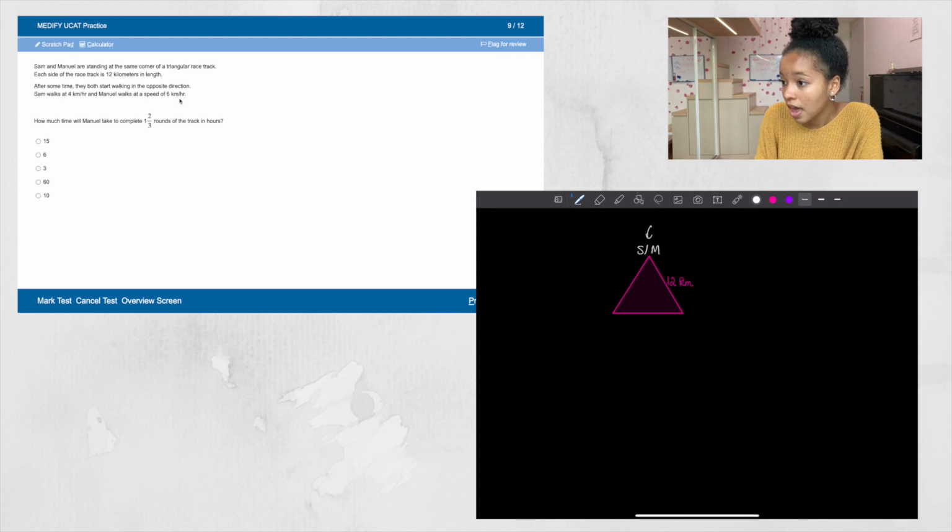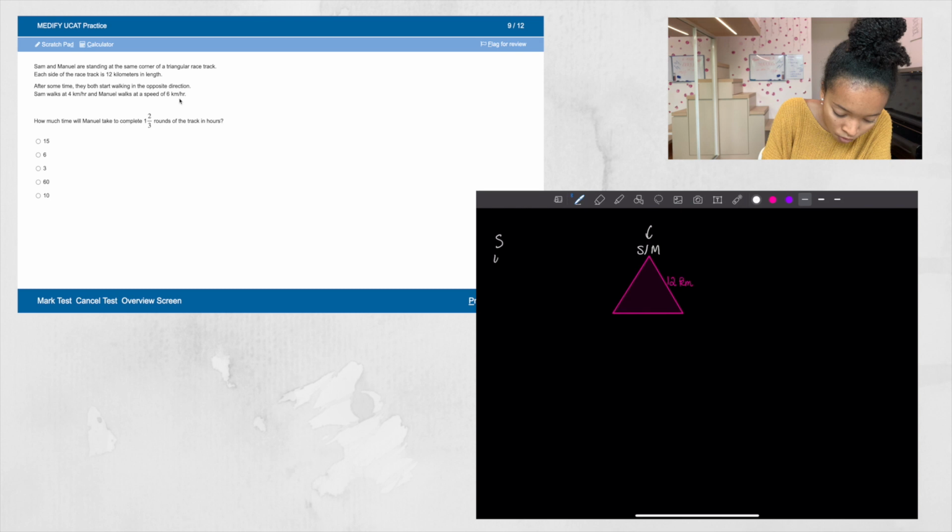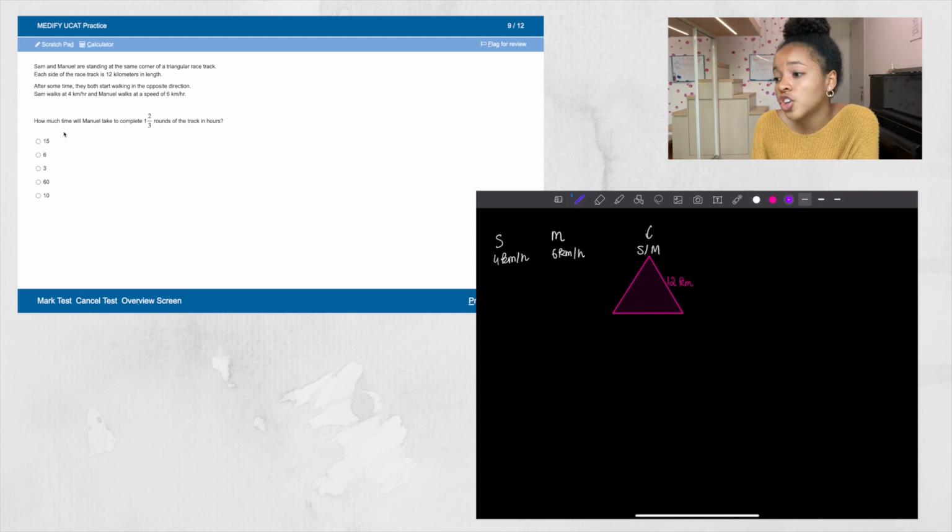Sam walks at 4 kilometers per hour, and Manuel walks at 6 kilometers per hour. And then the question is, how much time will Manuel take to complete 1 2/3 rounds of the track in hours? So the thing that we have to figure out first is how many sides Manuel will have to walk to complete 1 2/3 rounds.